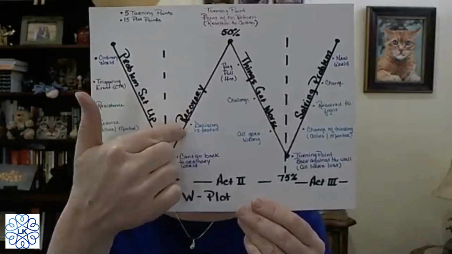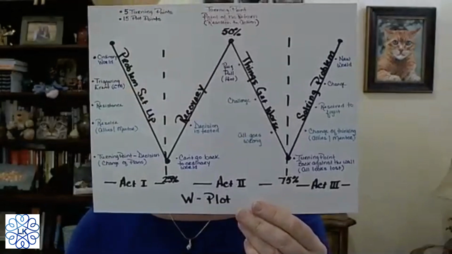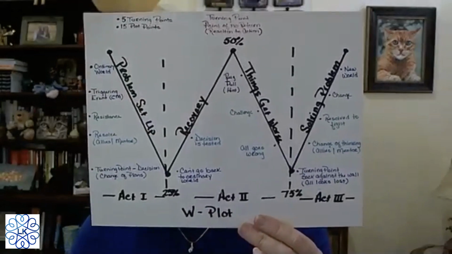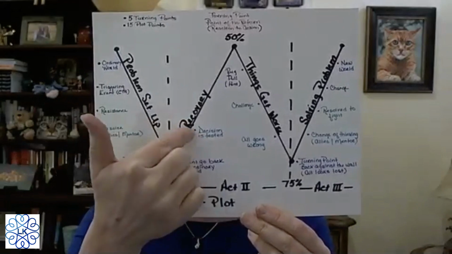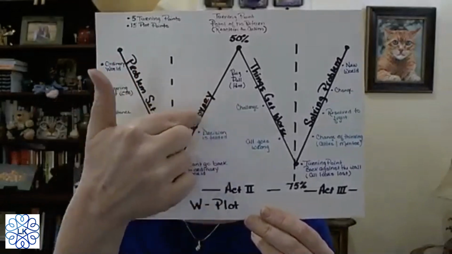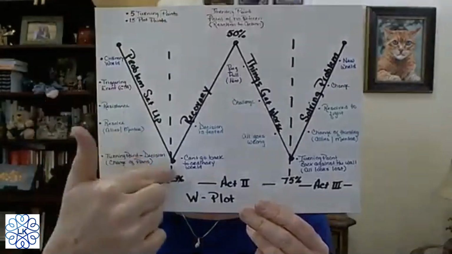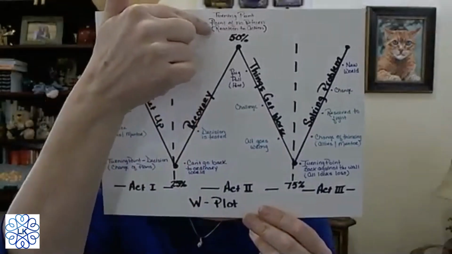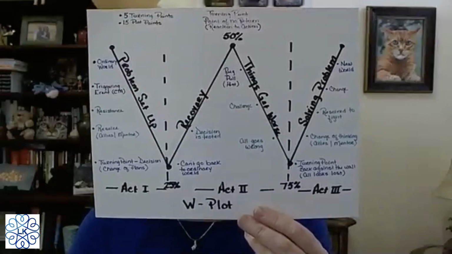And this decision right now, as they're moving up here to recovery, the decision is now being tested. Every step of the way, there's conflict as they're moving up here, and their decision is being tested until they get to the top.